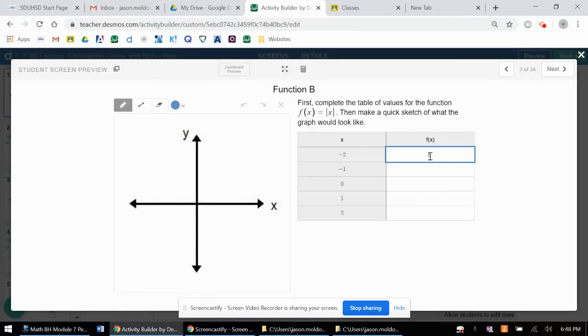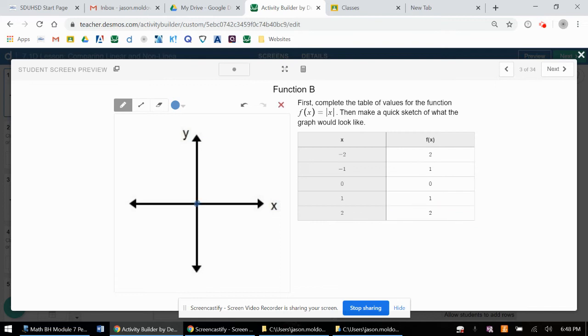All right, so we know this is 2. We know that -1 plugged into this, we probably don't need to show work for all of these now. Absolute value of -1 is 1. Absolute value of 0 is 0. Absolute value of 1 is 1. And the absolute value of 2 is 2. And so we're going to just sketch this.